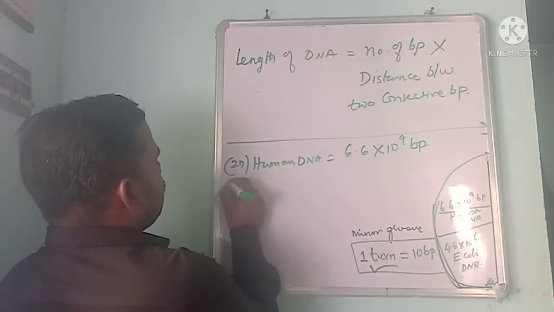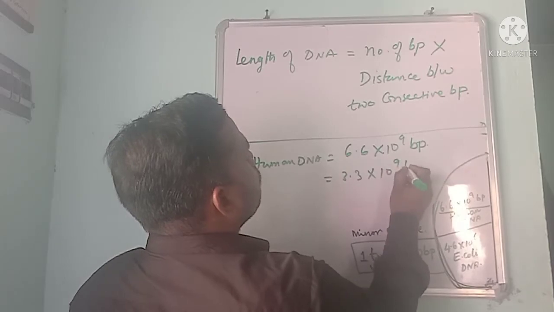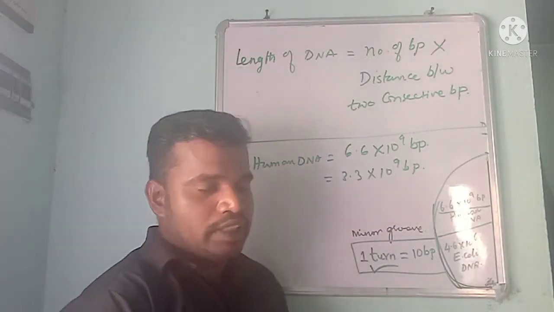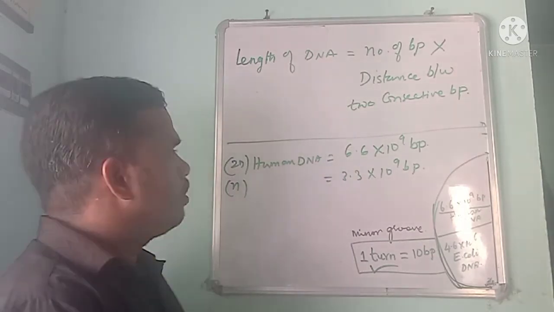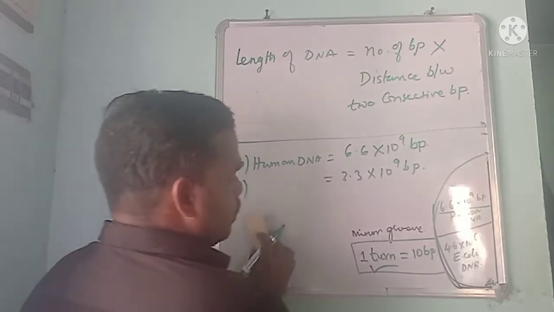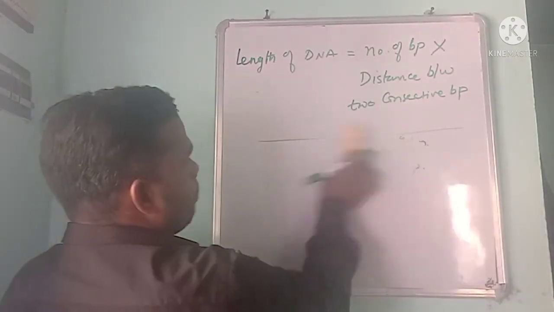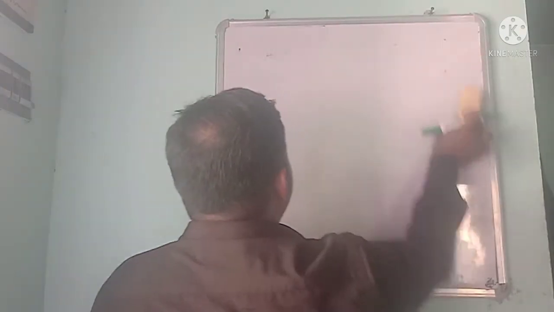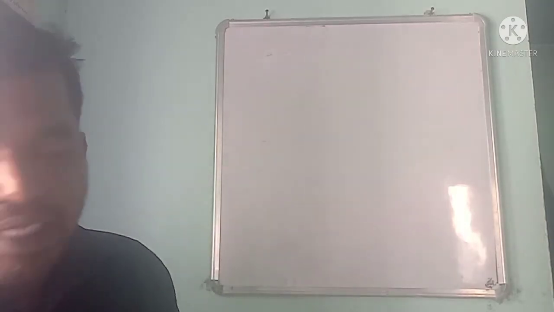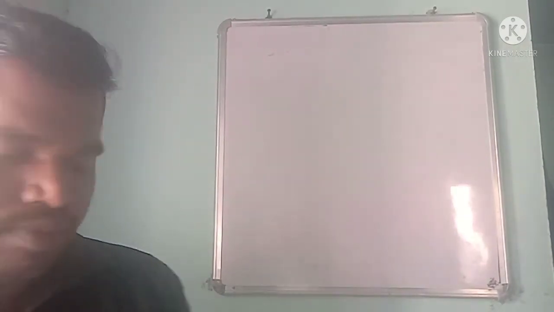Okay, then in haploid condition, surely it will be 3.3 × 10^9 base pairs. Clear or not? Okay, fine. So let's move on to the calculation part based on the length of DNA and Chargaff's rules. Let's first see the length of DNA.